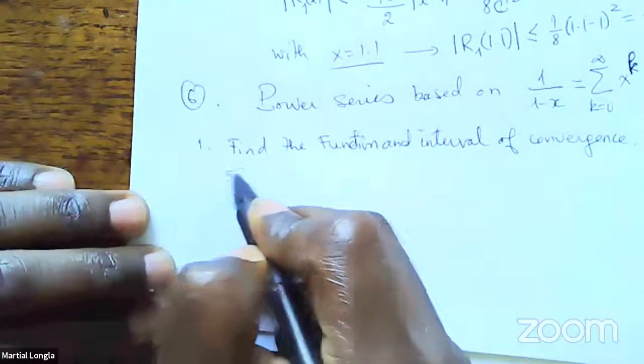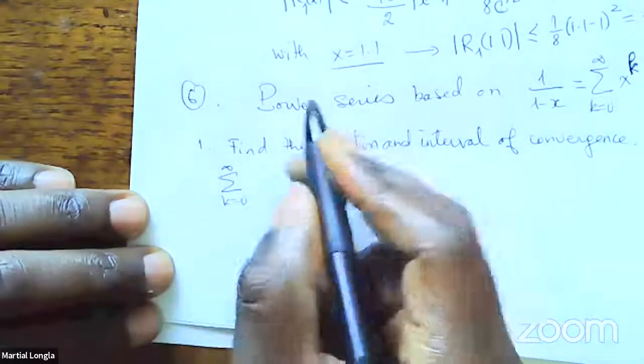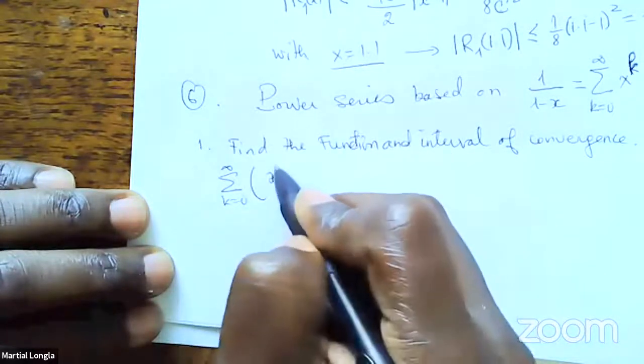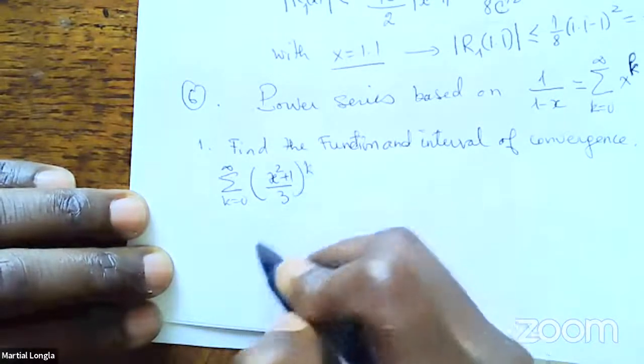And the first one was the sum k from 0 to infinity of x squared plus 1 over 3 to the power k.